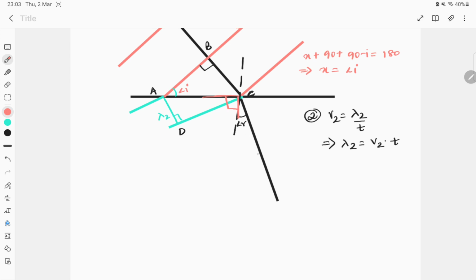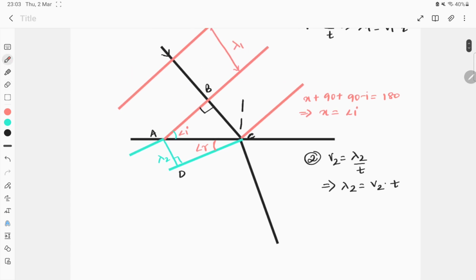So if I shift this direction of the wave by an angle X so it overlaps with the normal, can I say ये जो blue line है, even that will shift by the same angle? So technically this angle is my angle of refraction. Correct? So again I'll erase everything because I don't need them.